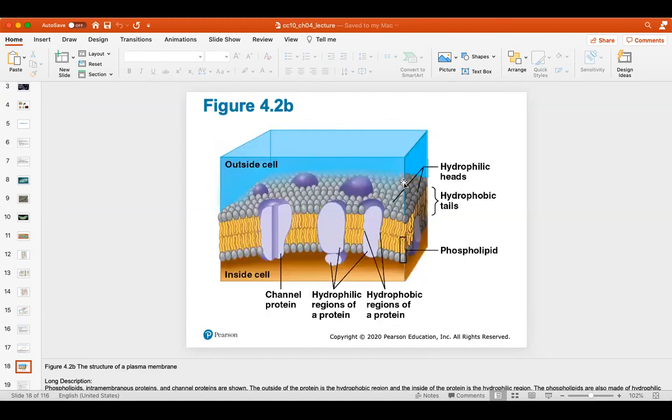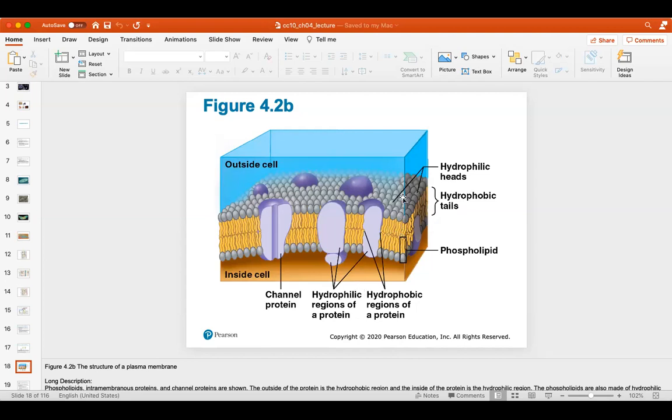So this is a look at the plasma membrane. We call it a lipid bilayer, meaning there are 2 sets of these gray hydrophilic heads on the top and the bottom, and then their tails are in yellow and they will point and touch each other because they are hydrophobic. On the outside and inside of the cell is mostly water.